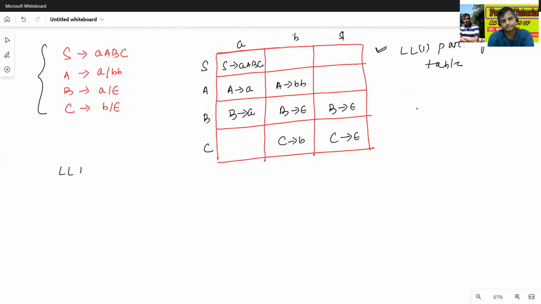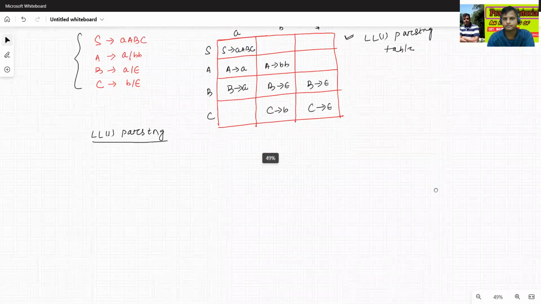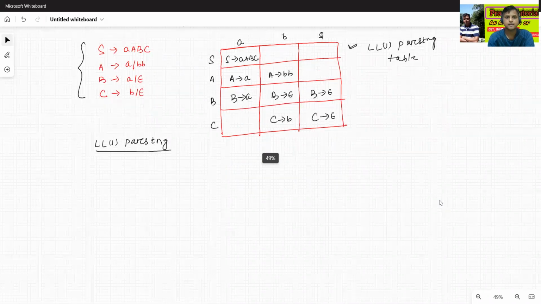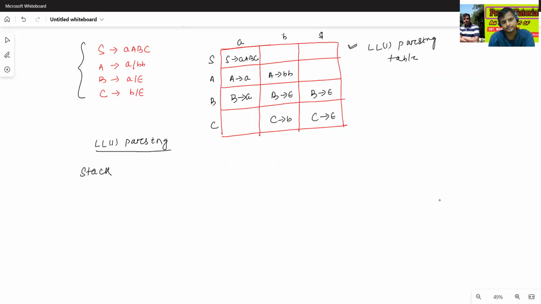Here we create a stack, an input buffer, and then the action.